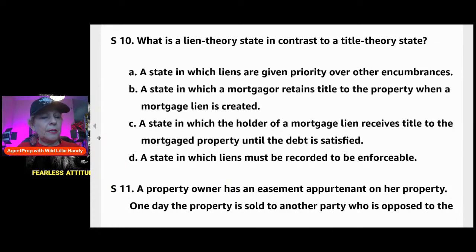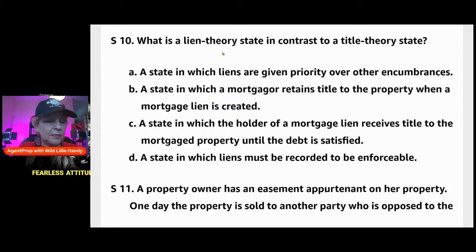All right, did y'all get that? So let me say, in a lien theory state, the law gives a lender on a mortgage property equitable title rather than legal title. So in a lien theory state, the borrower, okay, the mortgagor actually has legal title.